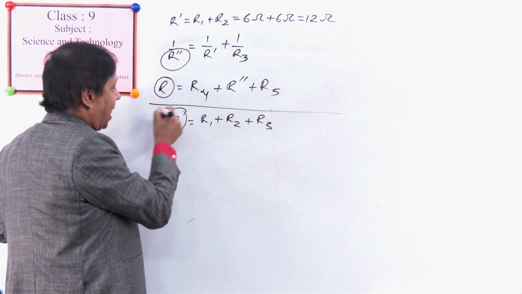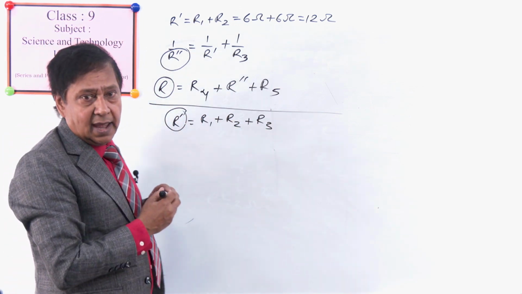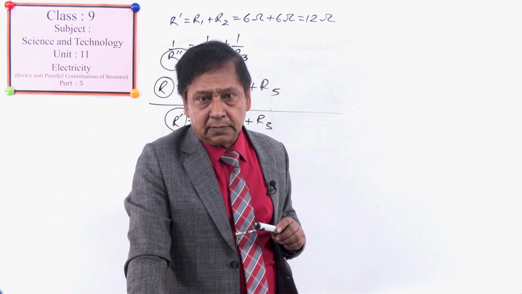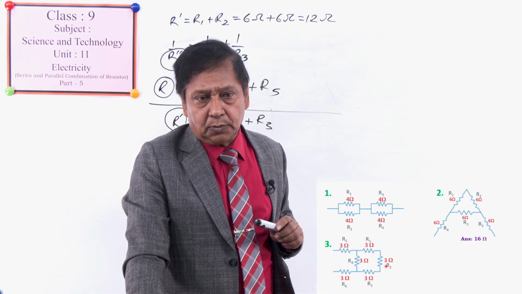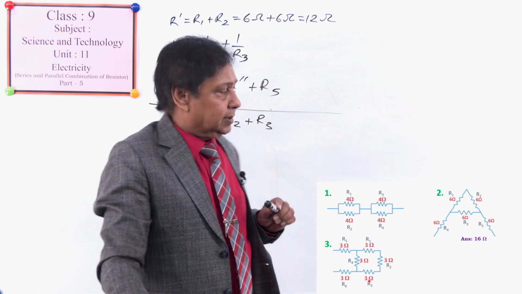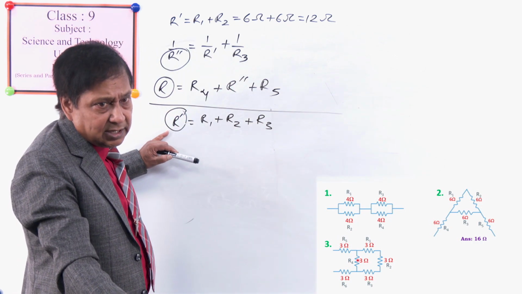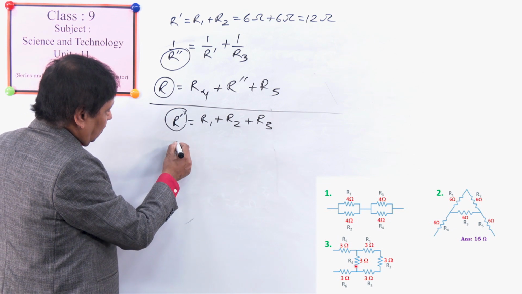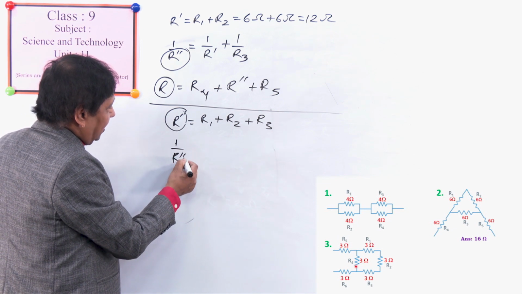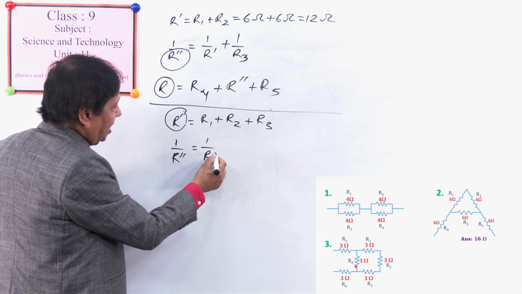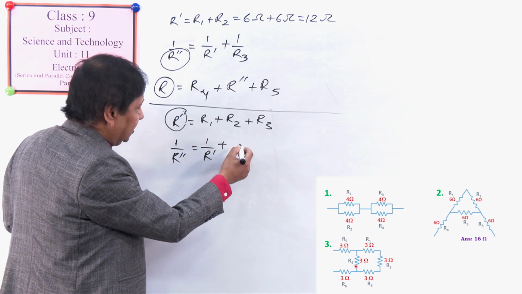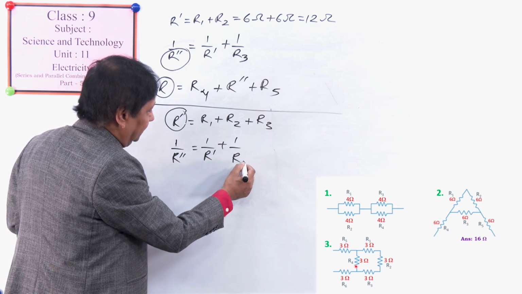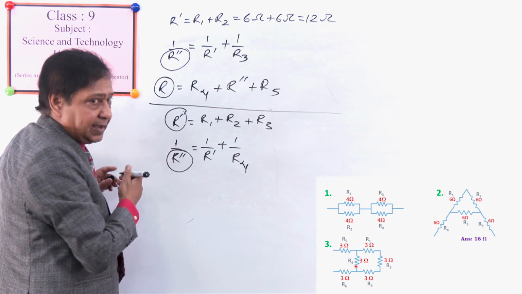We get R dash first, and this is parallel with R4. So we can get 1 by R double dash is equal to 1 by R dash plus 1 by R4. Now we will get R double dash.